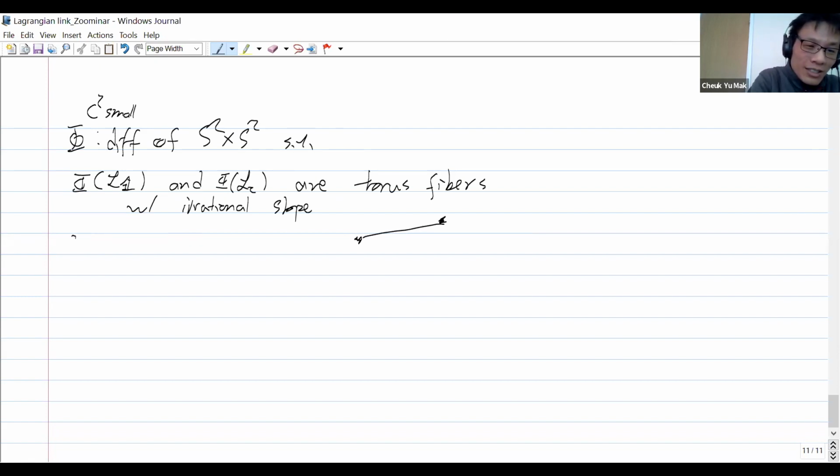Some basic complex analysis will tell you, because you can project to the two factors, that there does not exist any Maslov zero holomorphic annulus.